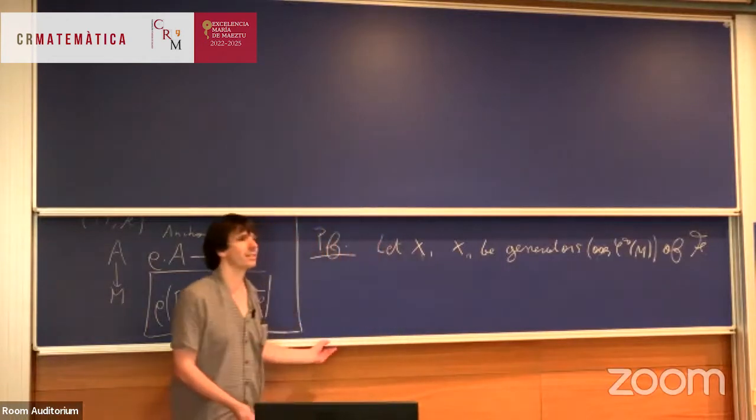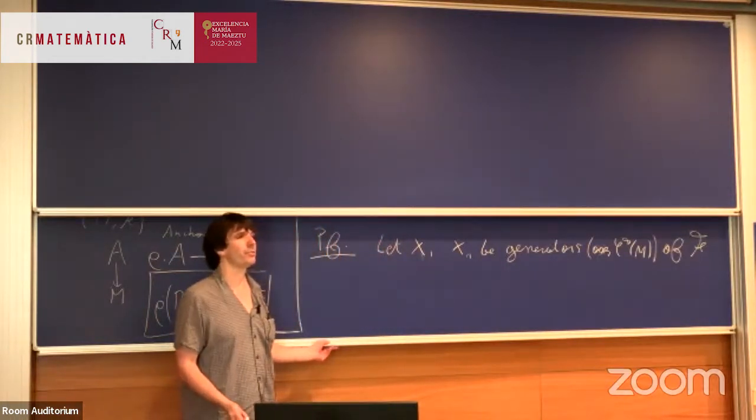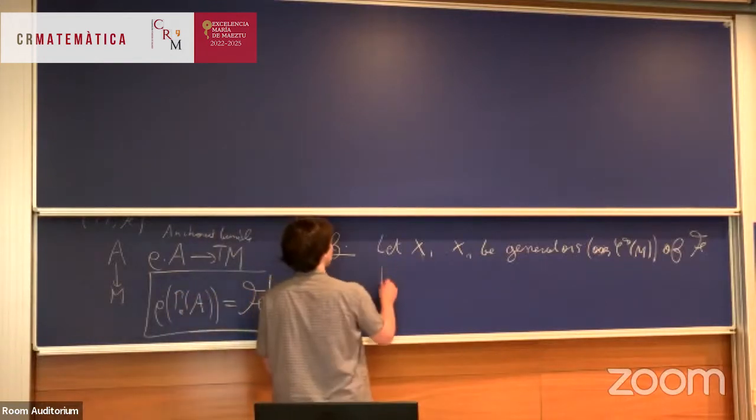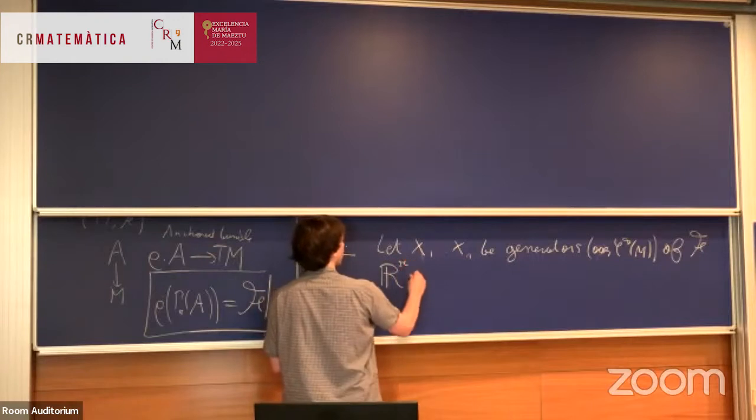Who has an idea? I want to construct a vector bundle first. What can I do? Well, I just take the trivial bundle.